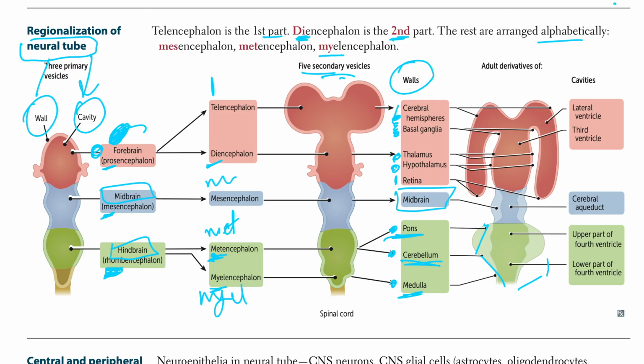But it's way easier if you just look at the head and say, okay, we have cerebral hemisphere. That should be the top. Then we have a basal ganglia. Okay, coming down slowly, we have a thalamus, then hypothalamus, retina. Okay, keep retina over there. On top of that, you also have a midbrain. Right now, you're just coming down from top to bottom anatomically, right?